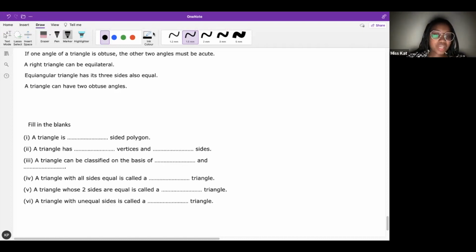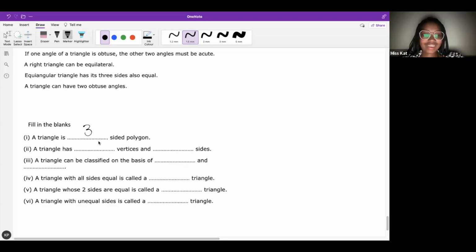Okay. A triangle is a 3-sided polygon. Who said true? Someone's like, you know what? I'm tired. It's true. It's a 3-sided polygon. Yay! Okay, a triangle has how many vertices and how many sides?